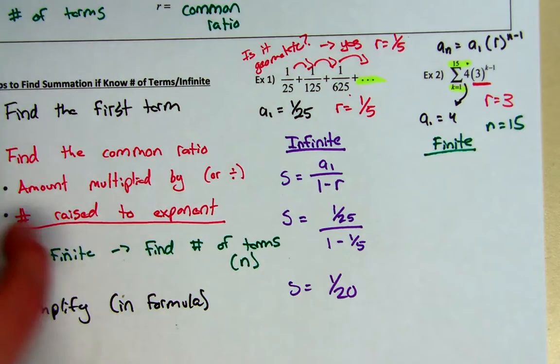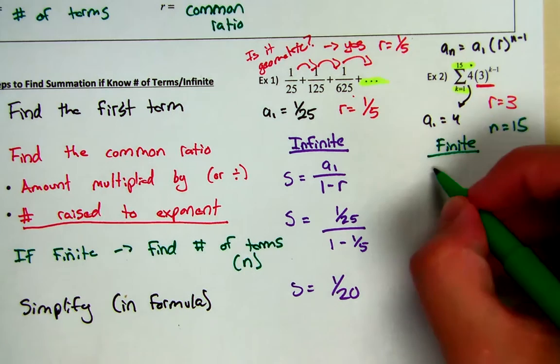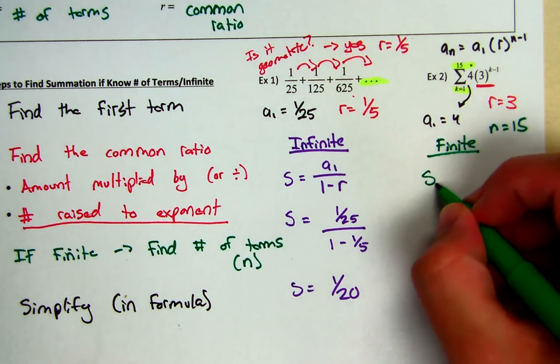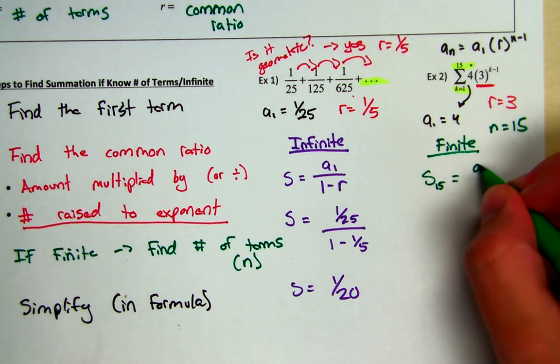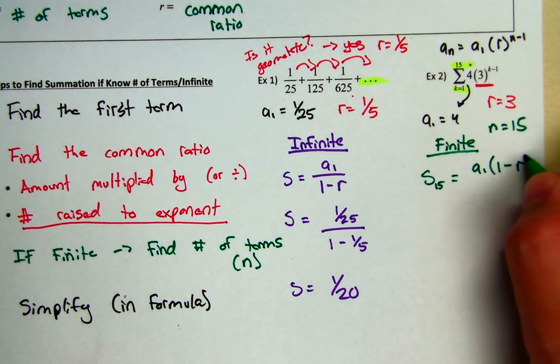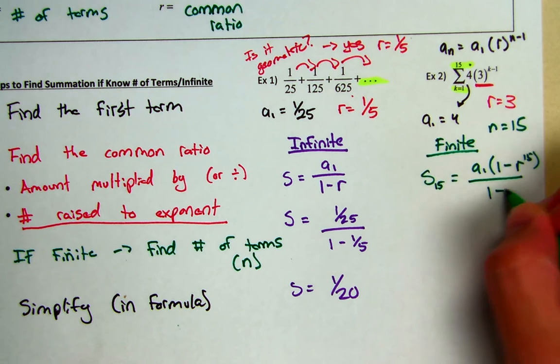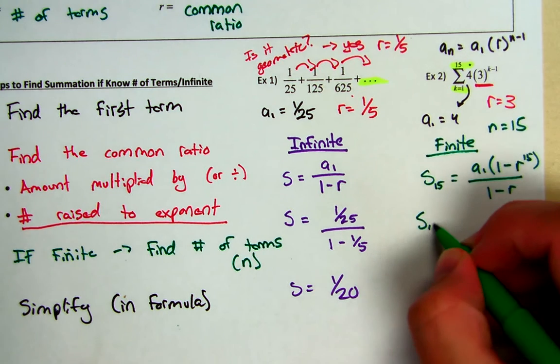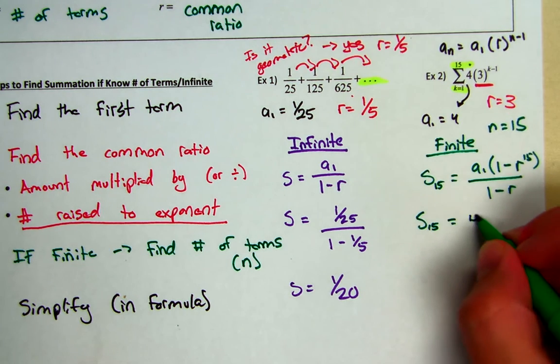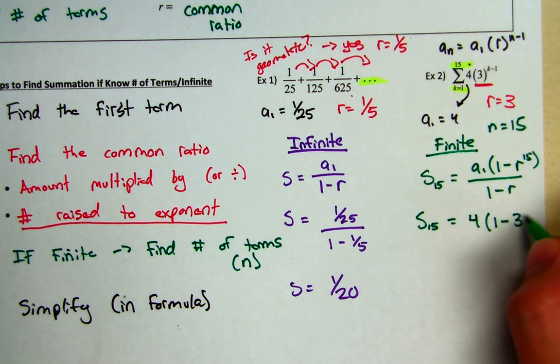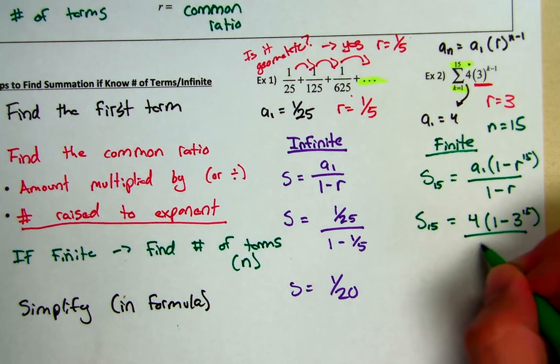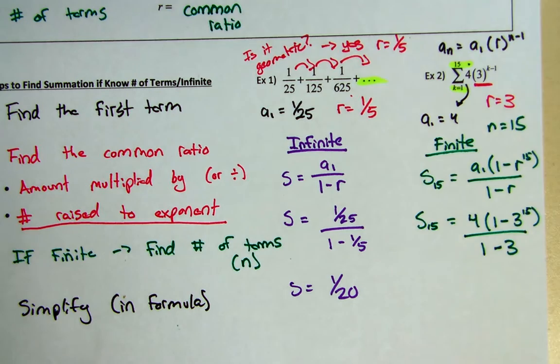Alright, now let's go in and do this one. Sum of 15 terms, a1 times 1 minus r to the 15th power over 1 minus r. Sum of 15, a1 is 4, 1 minus 3 to the 15th power over 1 minus 3.